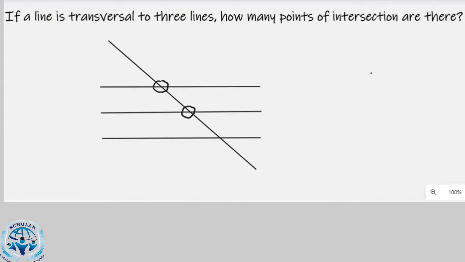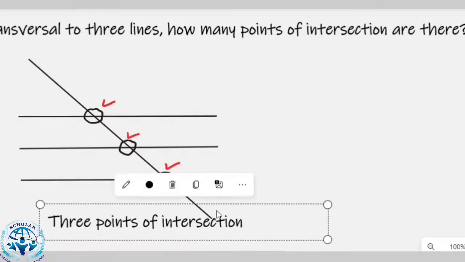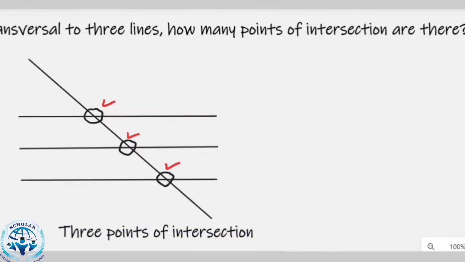First, second and third. These are the 3 points of intersection. 1, 2 and 3. So you will write 3 points of intersection when we draw a transversal to 3 parallel lines.